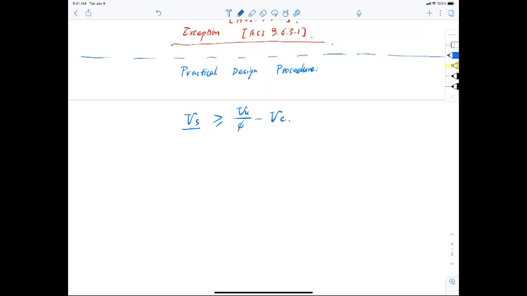Okay, if VS is greater than or equal to 0, it means you need to have stirrups. By this calculation, if you need stirrups, then you're fine. Then you're really lucky, because now you can calculate VS equal to AV FYT multiplied by D divided by... VU divided by phi minus VC.